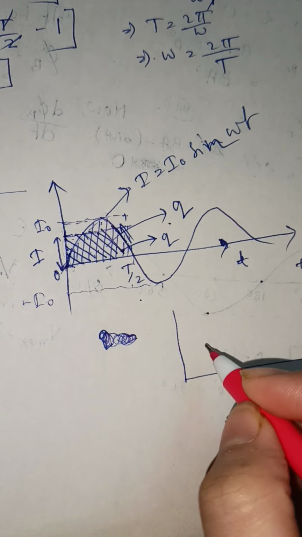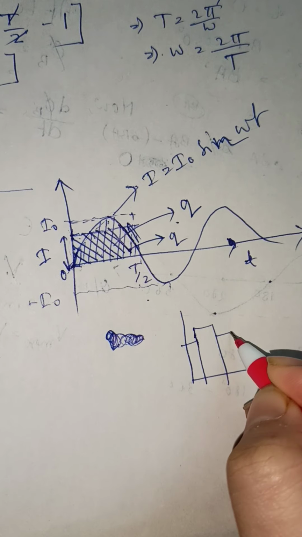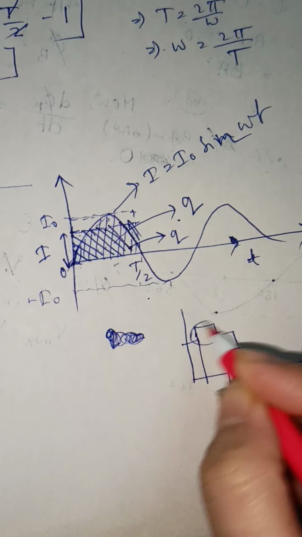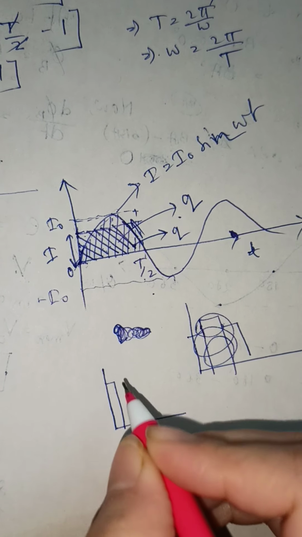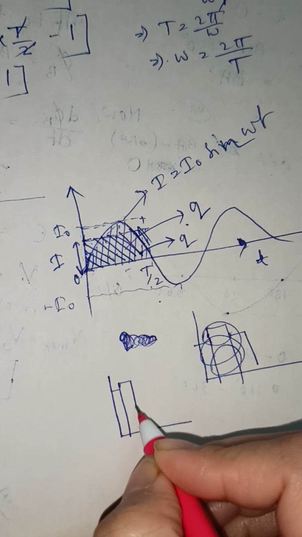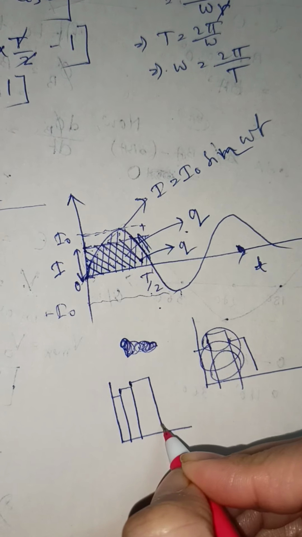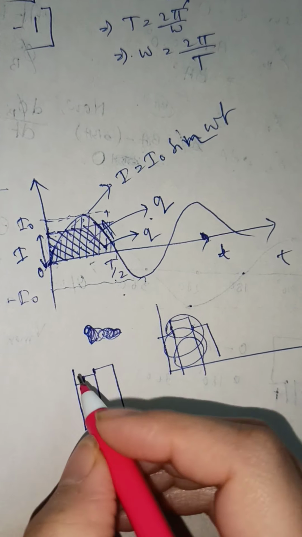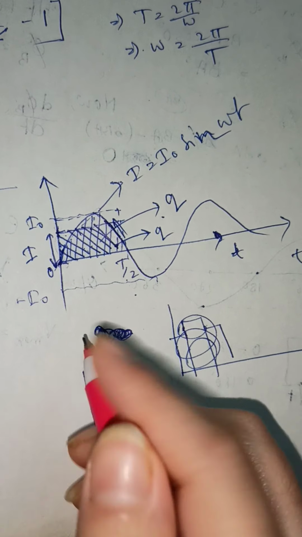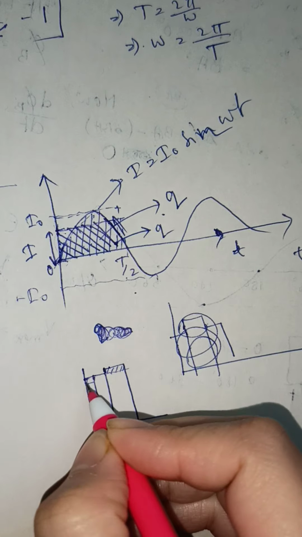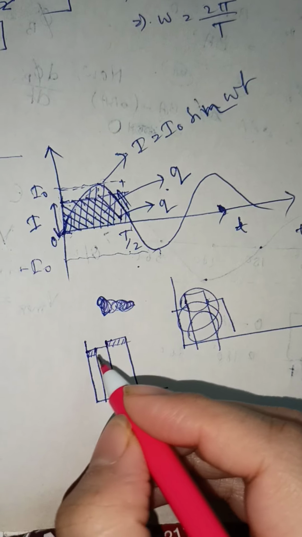If we take such an example, suppose this bar, if we cut this part and adjust this part here, then the area will not be changed, right?